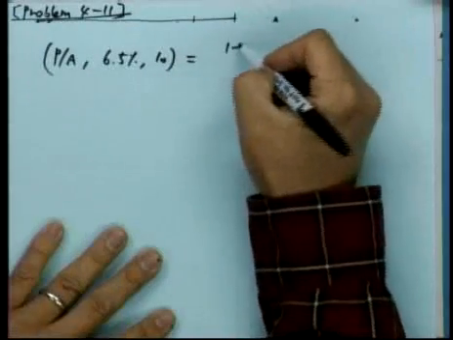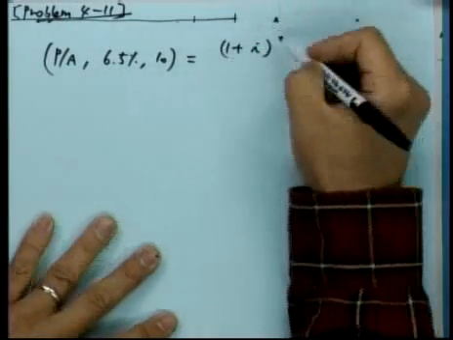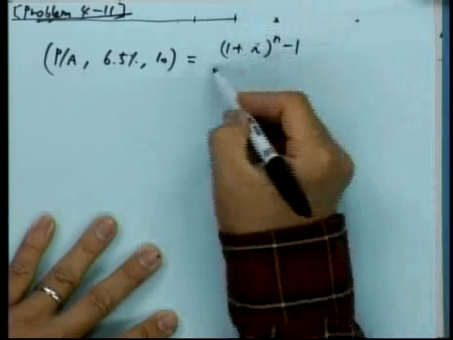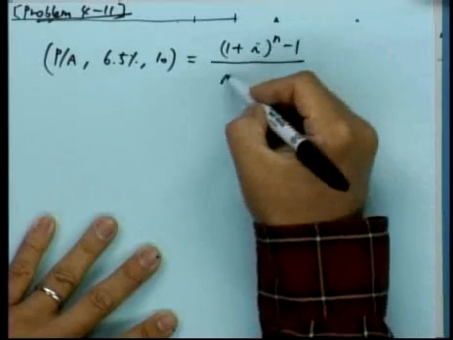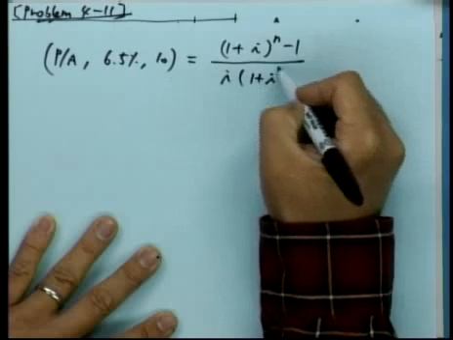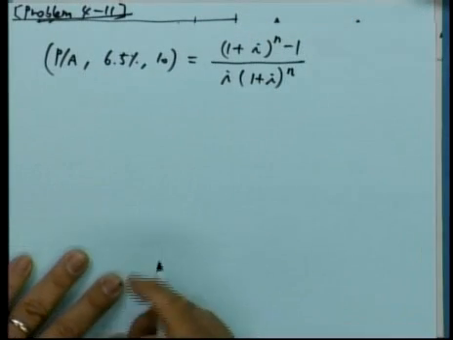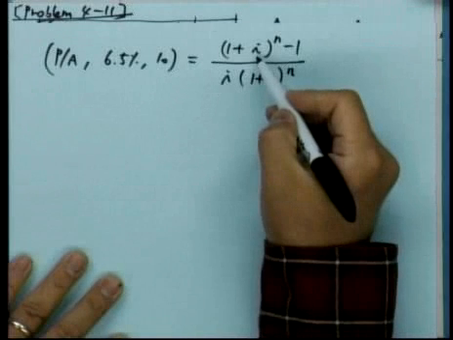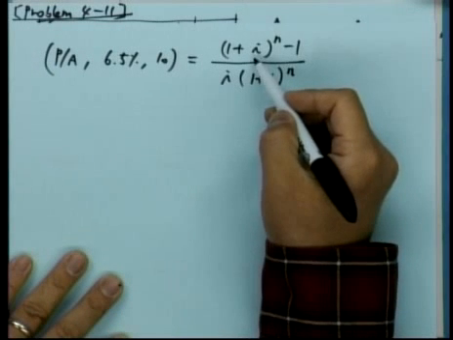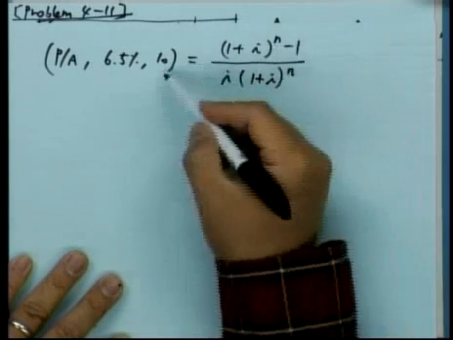It's going to be 1 plus i to the power n minus 1 over i times 1 plus i to the power n, right? i is, of course, 0.065 and n is equal to 10, right?